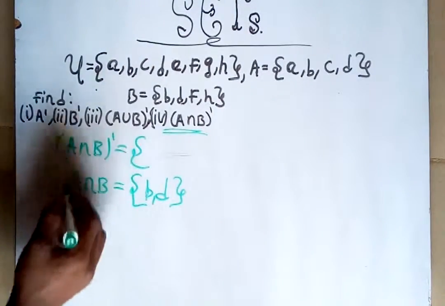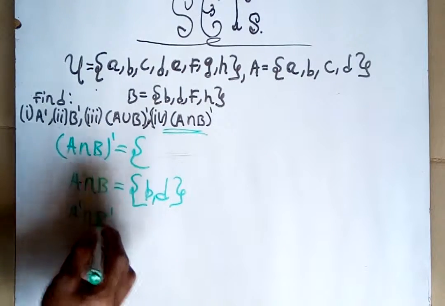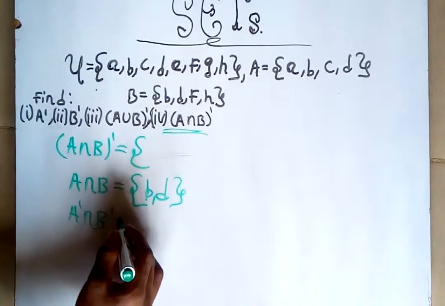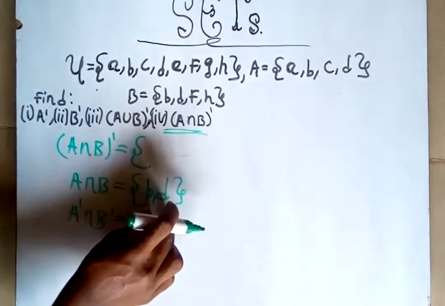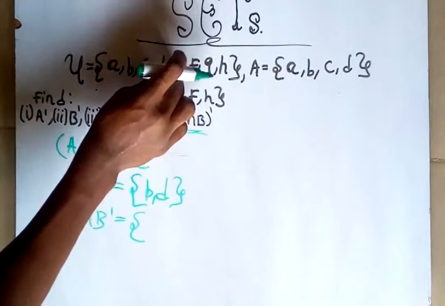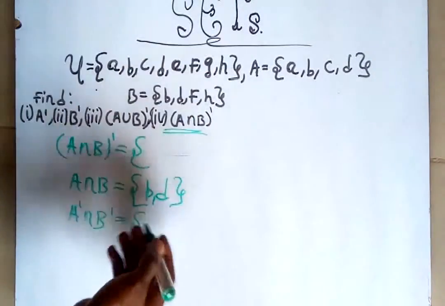So the complement of this, we can also write it as this, they're also the same thing. So whatever is written here and is also written here will be cancelled out, and what is left is going to be written here.